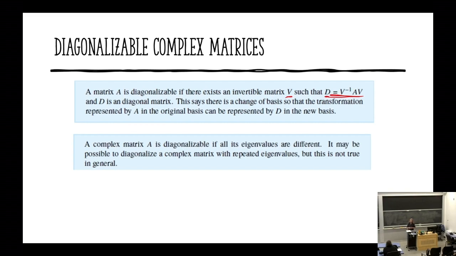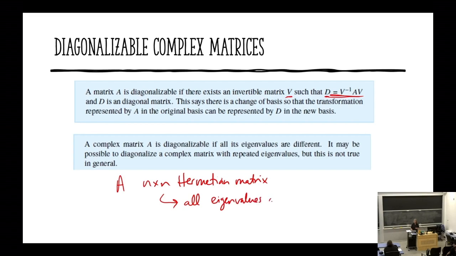Okay, if A is a complex n by n Hermitian matrix, then all of the eigenvalues of A are real. The eigenvectors corresponding to the different eigenvalues are orthogonal.